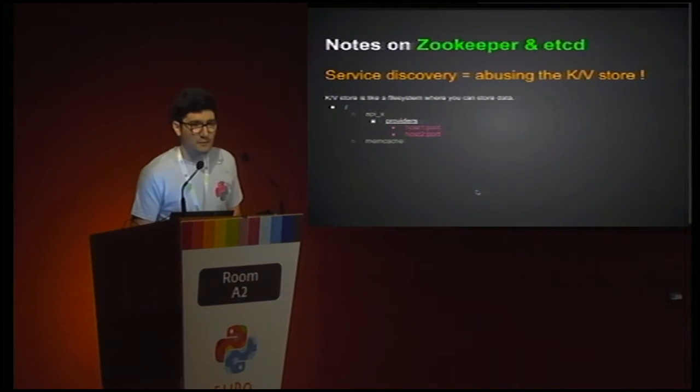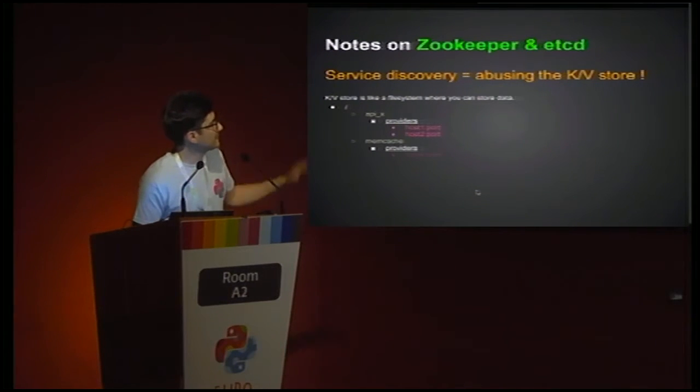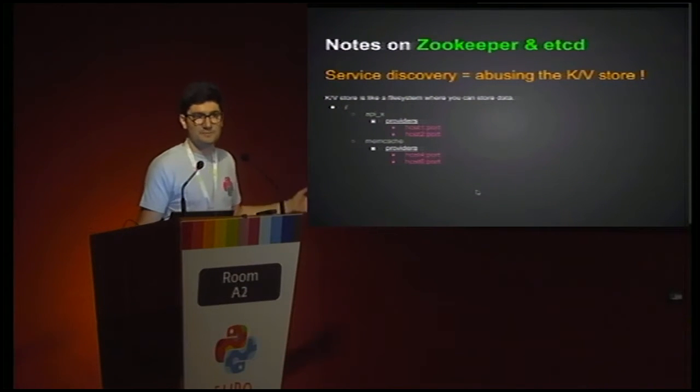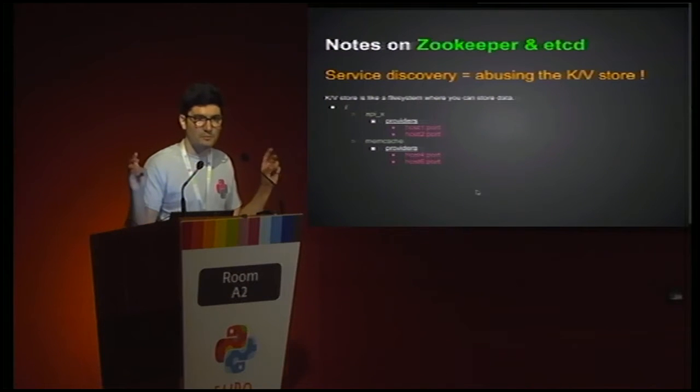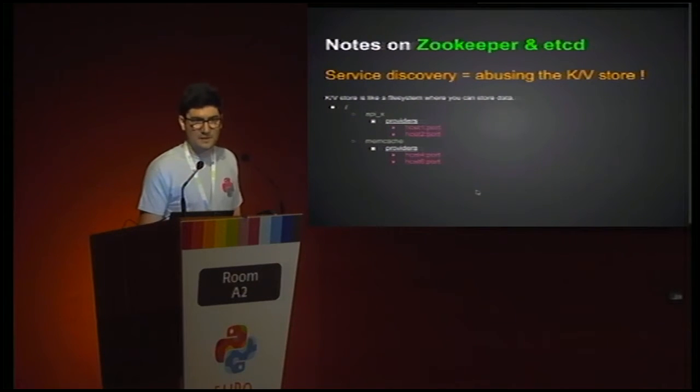So discovering providers for the APA-X service is just like listing the content of the APA-X/providers directory. Fine? We can do the same with memcache and stuff like that. That's how you can abuse and achieve service discovery using key-value store-based technologies, such as Zookeeper and etcd. Okay?